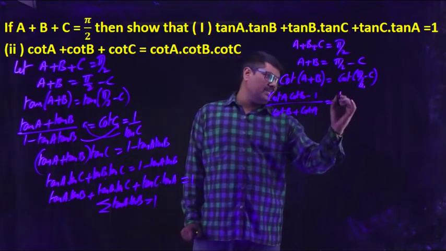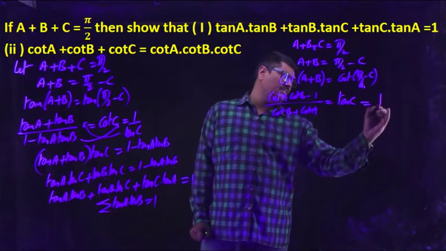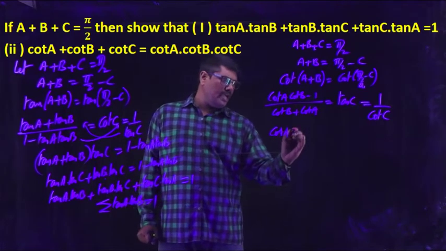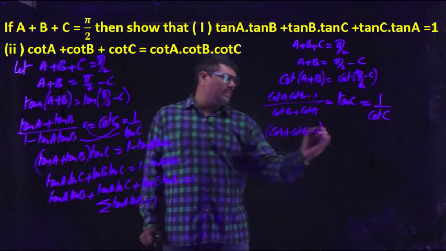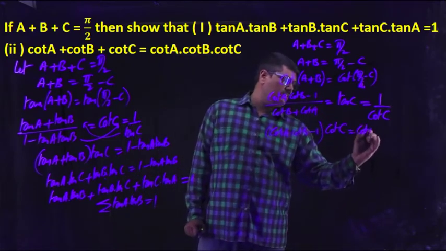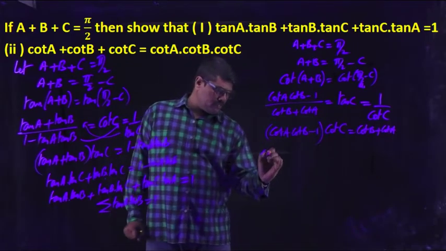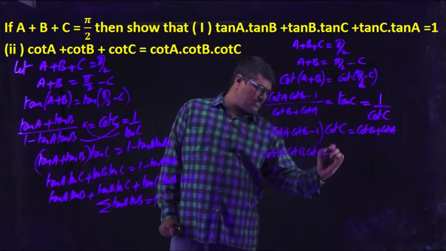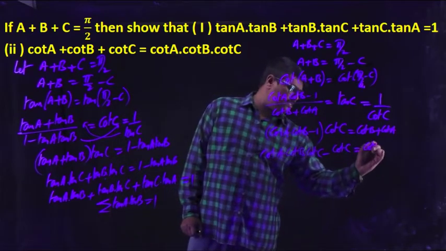So cot 90 minus C is tan C. To get the condition in terms of cot, you have to write tan C as 1 by cot C. Now taking cross multiplication, cot A cot B minus 1, so this cot C in denominator comes to numerator into cot C, which is equal to 1 into cot B plus cot A. It will become cot B plus cot A. Now multiplying cot C into the bracket, you will get cot A cot B cot C minus cot C. Cot C into minus 1 is minus cot C, which is equal to cot B plus cot A.